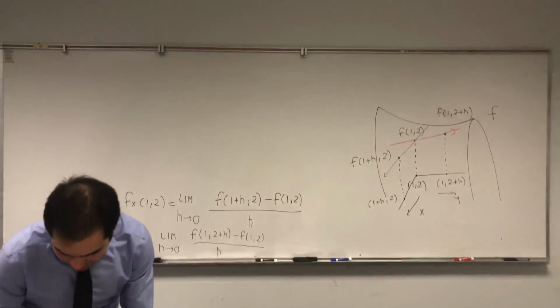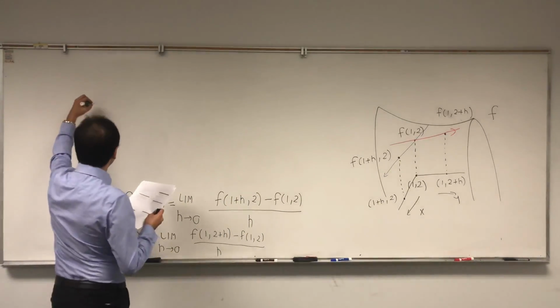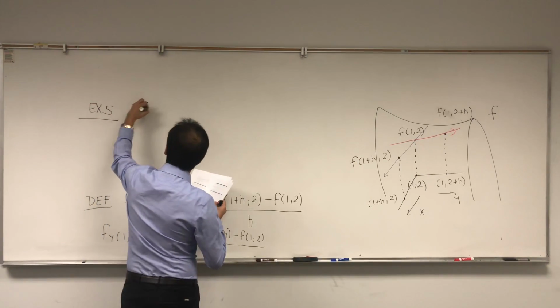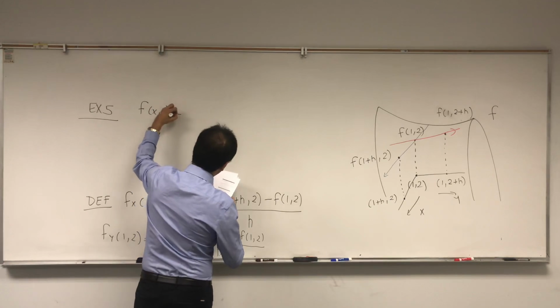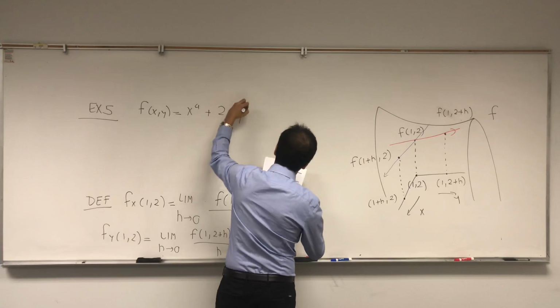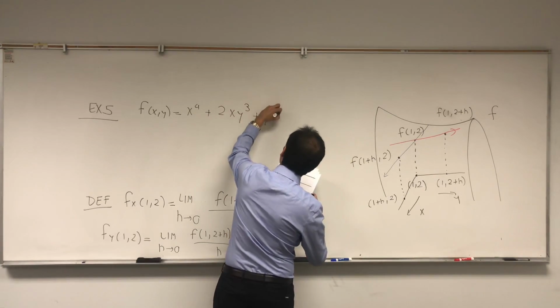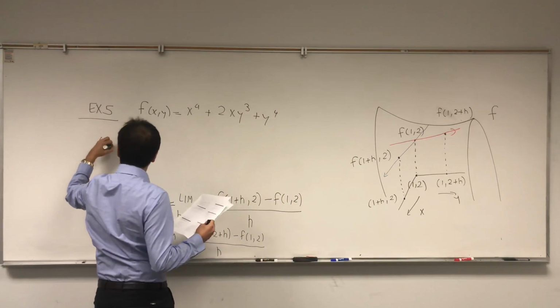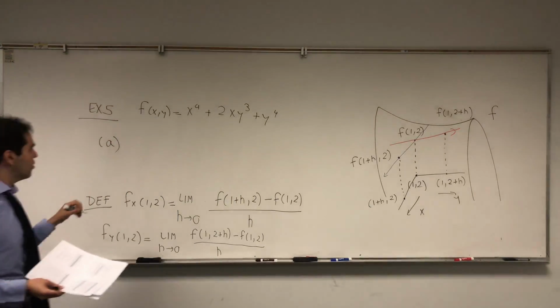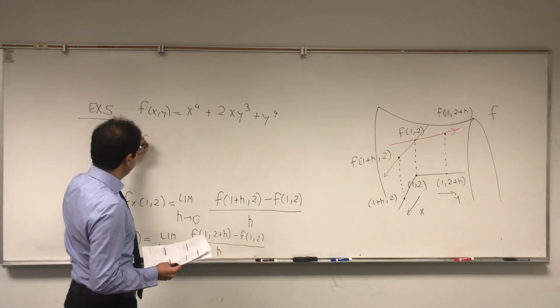consider the following function. I believe it's example 5 or something. So f(x, y) becomes x to the 4th plus 2x y cubed plus y to the 4th. Then, first of all, let's calculate the first order partial derivatives.